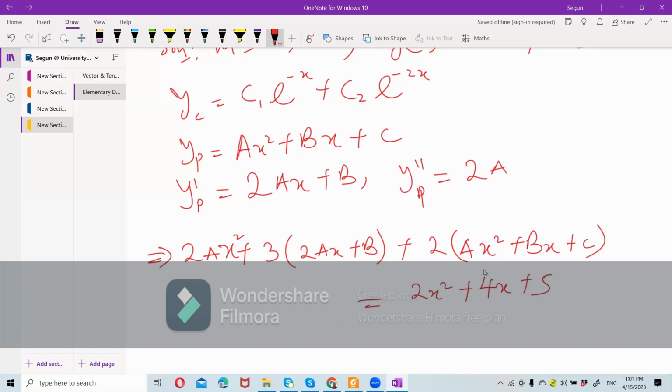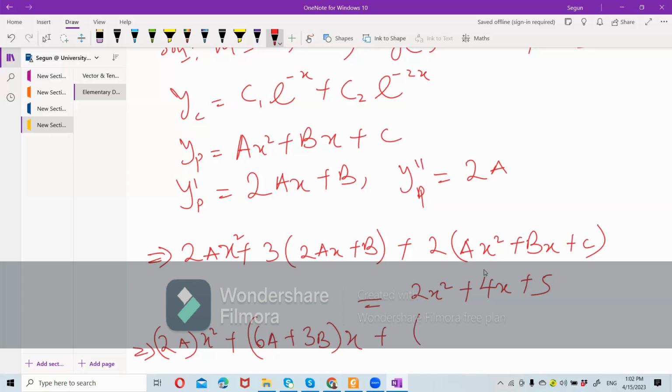So let me make it clear. 2a in bracket x squared plus 6a plus 3b on x, plus 2bx. Do we agree? Yes, we agree.